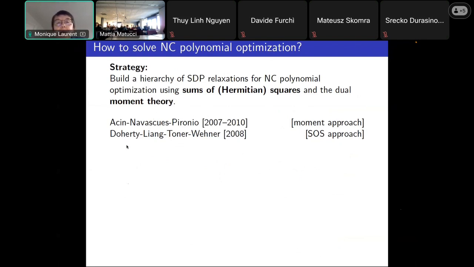This has been pioneered by two groups of authors: Acín, Navascués, Pironio, who especially stressed the moment approach, and another paper by Doherty, Liang, Toner, Wehner, where they especially stressed the SOS approach. Usually this hierarchy goes under the name the NPA hierarchy, according to the first authors.